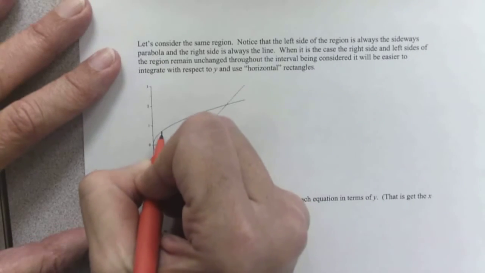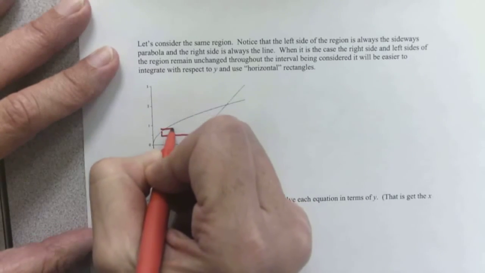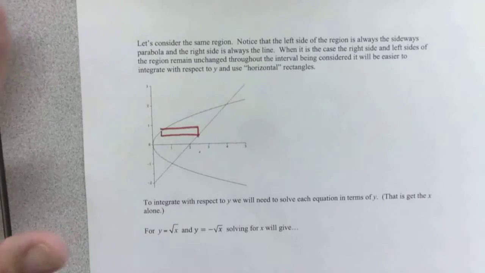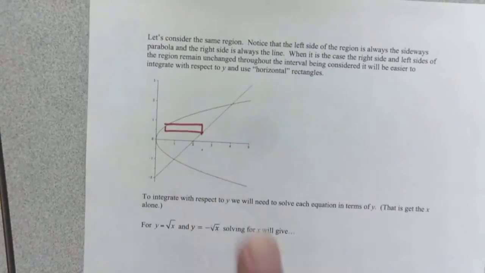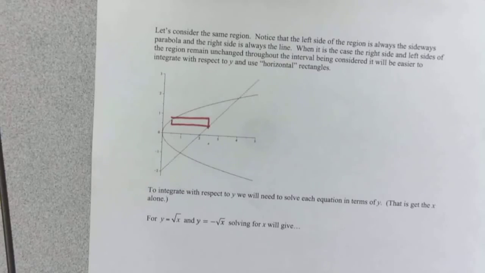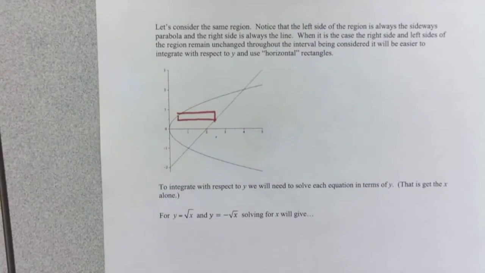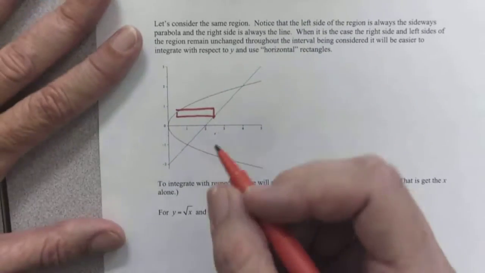Even when I take the limit of the Riemann sum to get the exact area, it doesn't matter whether I fill it with horizontal or vertical rectangles; I'm still going to come up with the area.